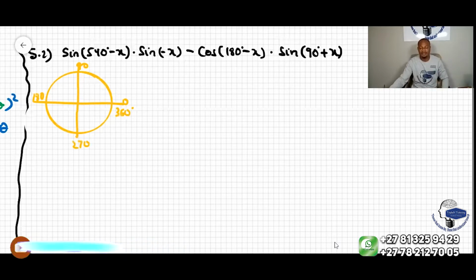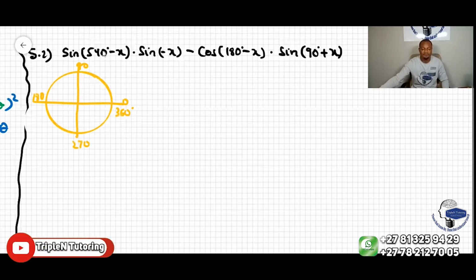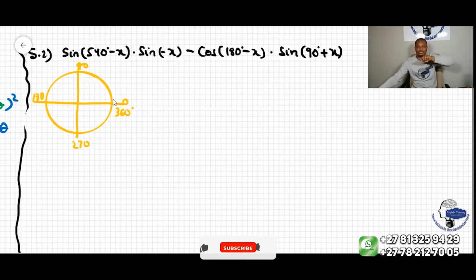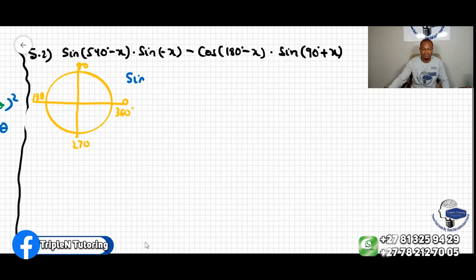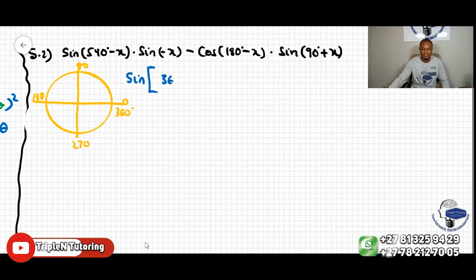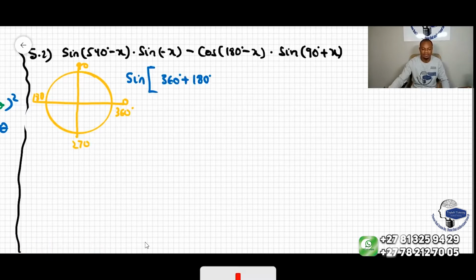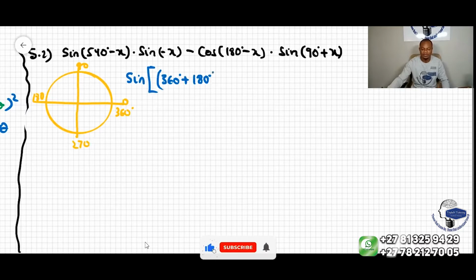Now, when we see 540 over here, it means it completed the full revolution, 360 degrees, plus 180. I prefer to write it this way: 360 degrees plus 180 degrees, now minus x.